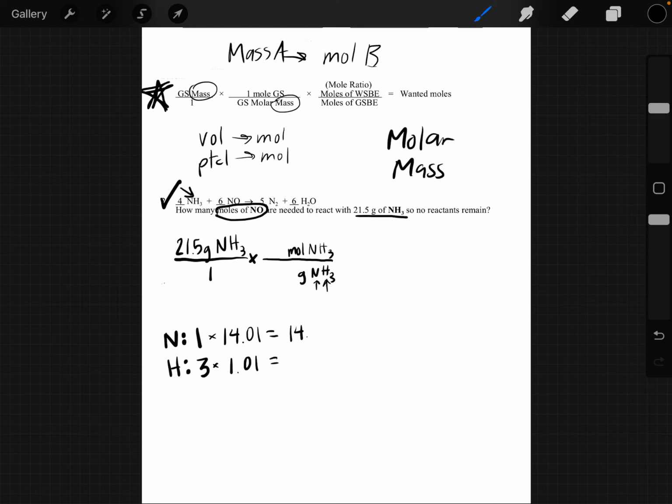So I'm going to say 1 times 14.01 is 14.01, and then 3 times 1.01 is 3.03. And then I'm just going to add those together. So that becomes 17.04 grams for every 1 mole. That is the relationship between grams and moles for ammonia. It's just like saying 12 inches of licorice is equal to 1 foot of licorice. It's the same kind of vibe there, okay?